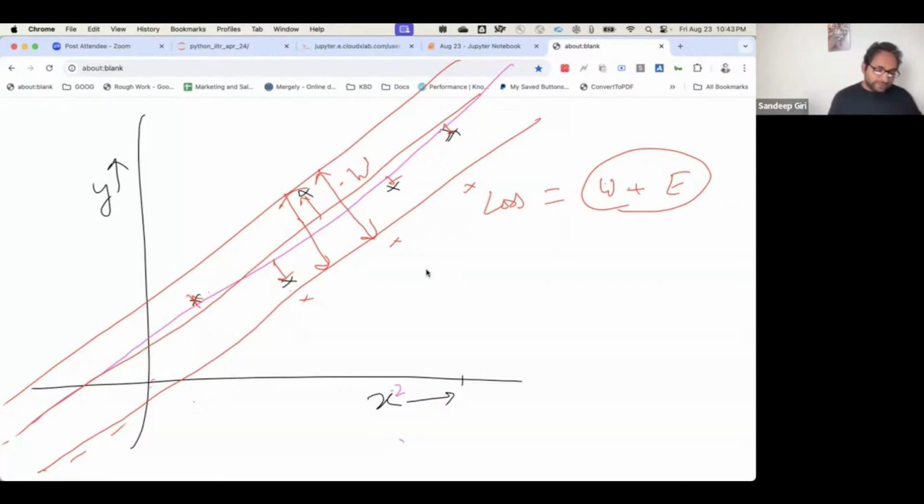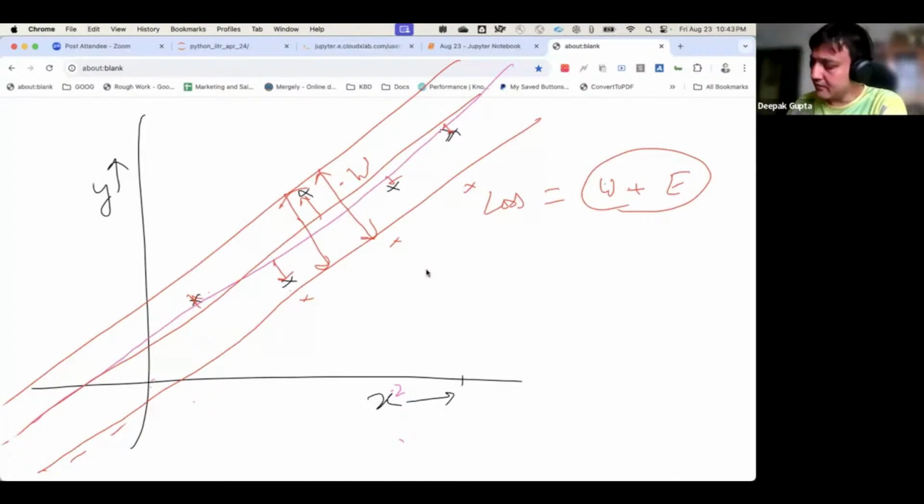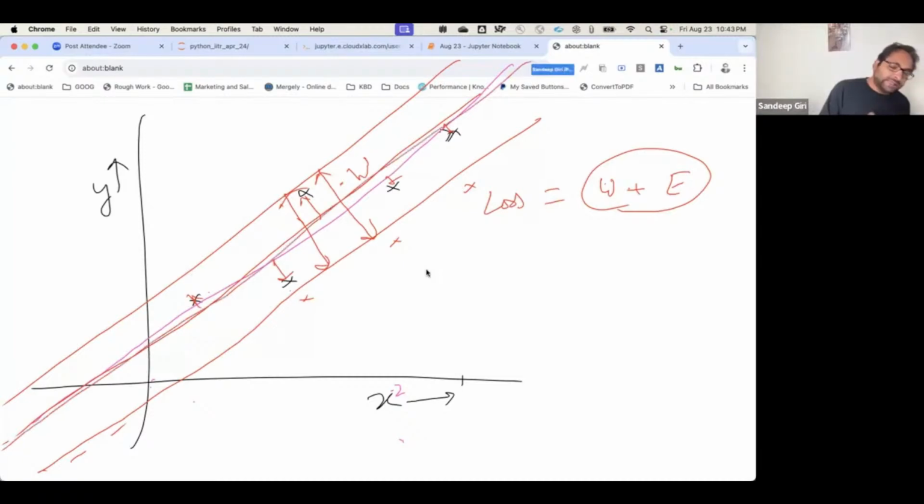Then he said, I'll fit two lines, one on the left-hand side, other on the right-hand side. I'll keep the distance between the two as minimum, and we'll fit the lane onto this data. And the center line of this lane is the one that is going to take the decisions.